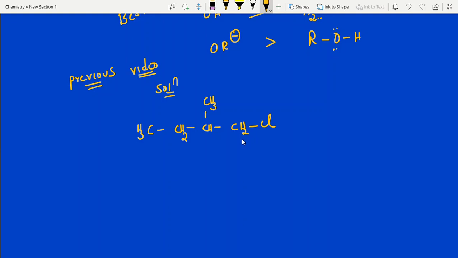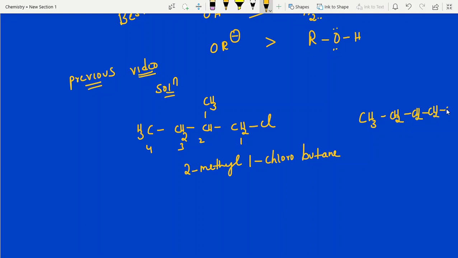This is 1, 2, 3, 4: 2-methyl-1-chlorobutane. Okay, next one: CH3CH2CH2CH2Cl. So this is n-chlorobutane, or 1-chlorobutane.